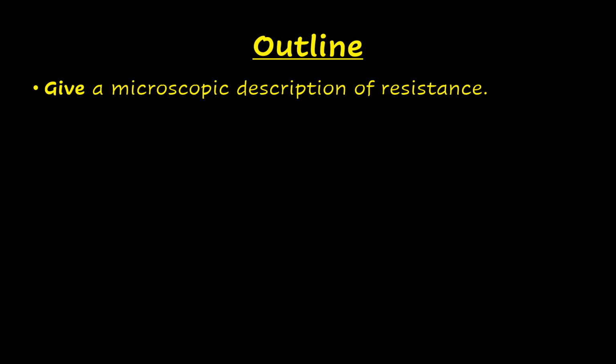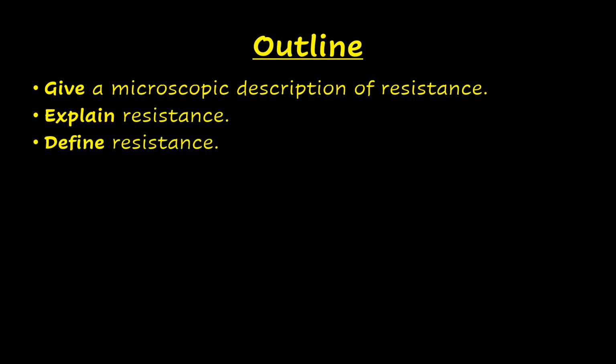At the end of this lesson, you will be able to give a microscopic description of resistance in terms of electrons moving through a conductor, colliding with the particles of which the conductor or metal is made of, and transferring their kinetic energy. Explain that resistance is the opposition to the flow of electric charges. And define resistance as the ratio of the potential difference across a resistor to the current in that resistor.